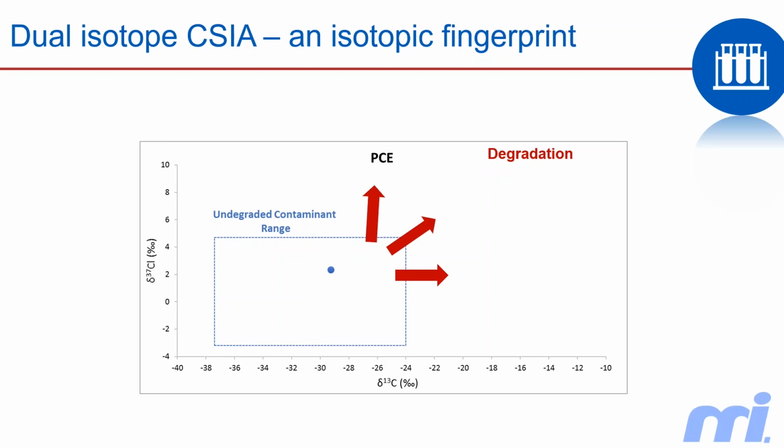Now, the use for CSIA when it comes to vapor intrusion is, most importantly, for distinguishing sources. As Dora mentioned, there can be many different internal sources that can cause confusion in VOC analysis of samples from indoor air.